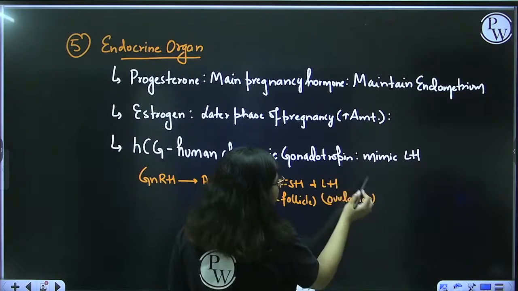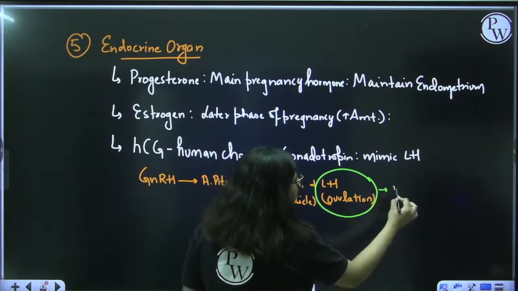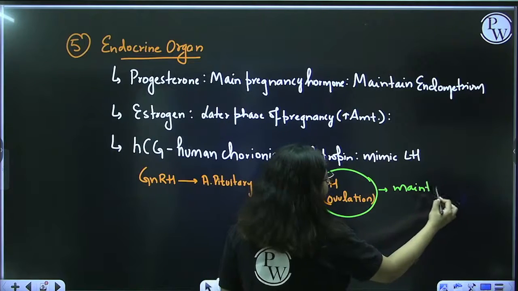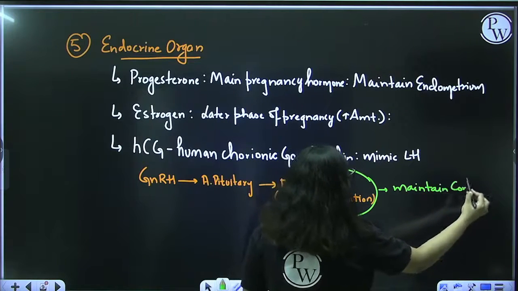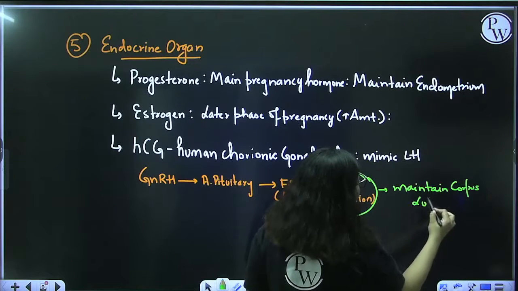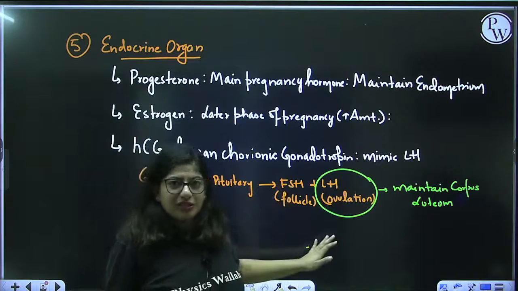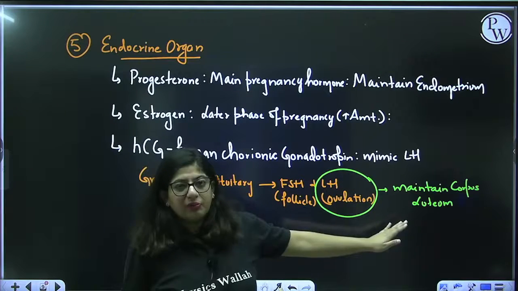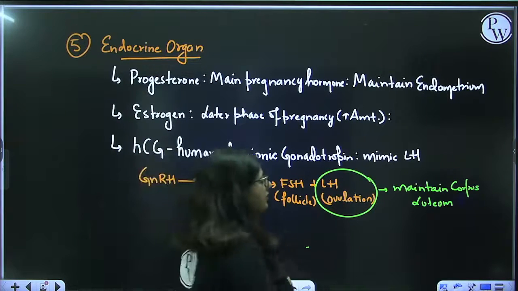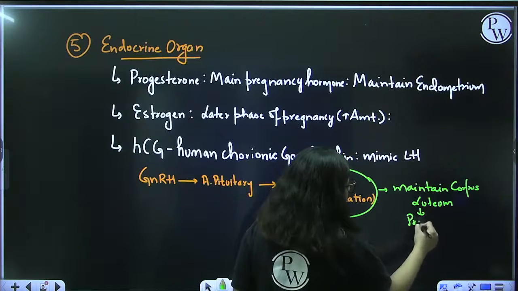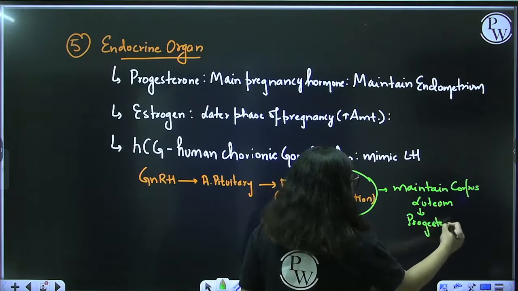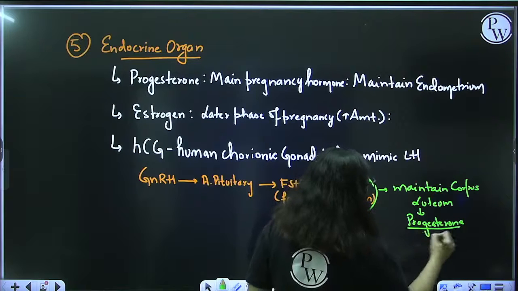Also, LH has a very important role. It maintains the corpus luteum. This is what we have done in the menstrual cycle. As soon as LH is present, the corpus luteum will be maintained, and the corpus luteum is the source of progesterone.